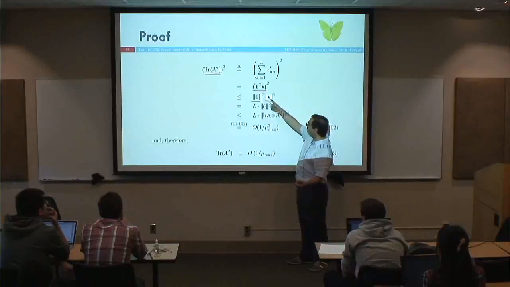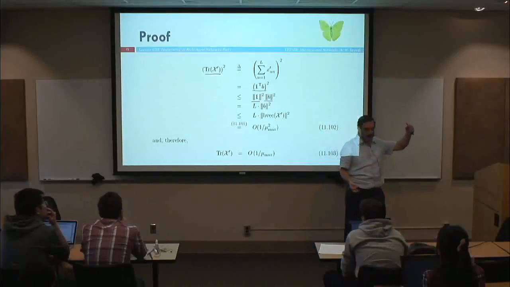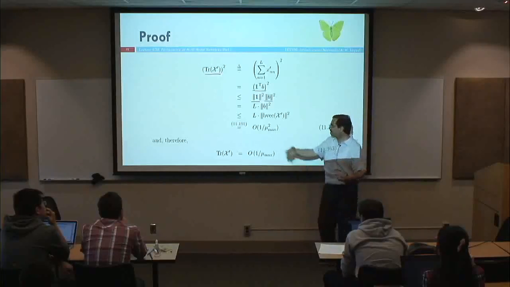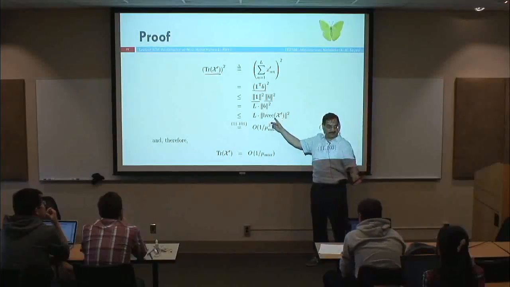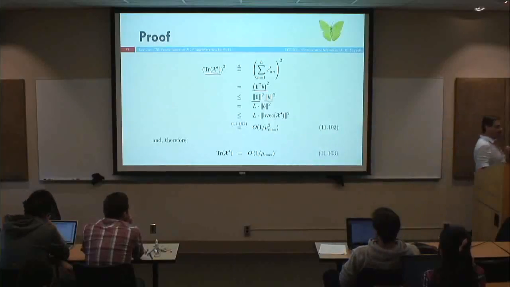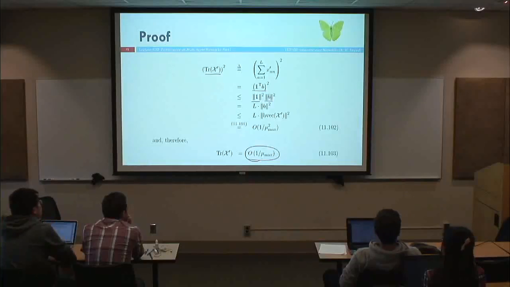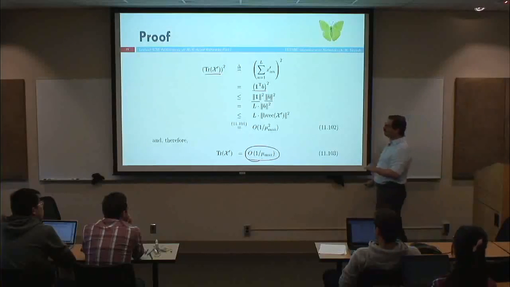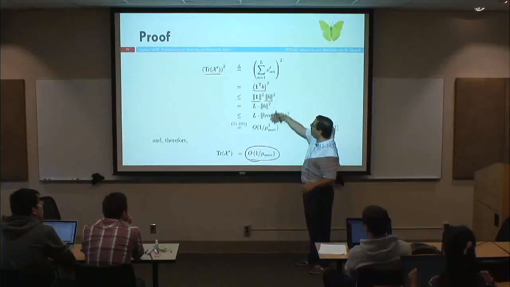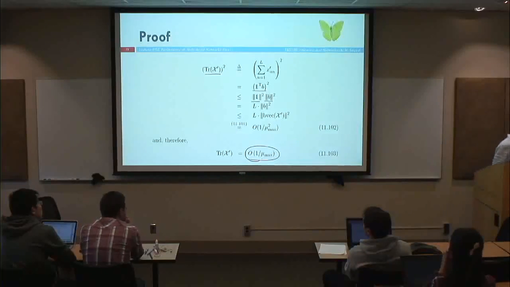But now, this vector B contains some of the entries of x prime. Obviously, the norm of B is much smaller than the norm of the entire vector, right? So there's a simple argument, and you get to the same conclusion here, okay? Fine? Okay, so concluding that the norm is of the order of 1 over mu is simple, and then a simple argument will show that the same thing extends to the trace, okay?